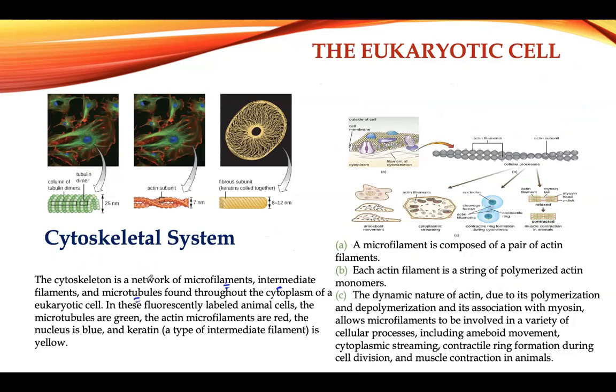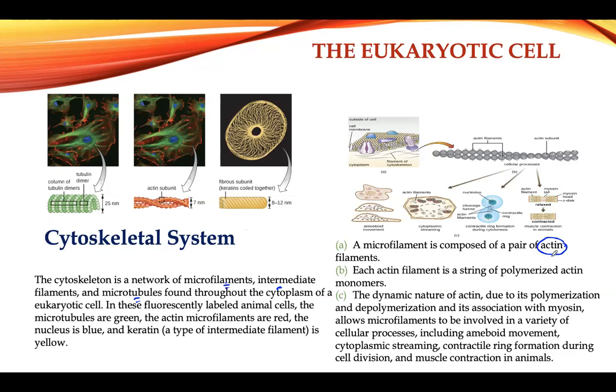Mostly the cytoskeleton is the endoskeleton of cells. So they give structure, they are the support system of the cell, and the third function is transport of material. Very important functions of cytoskeleton: support, structure, and transport.